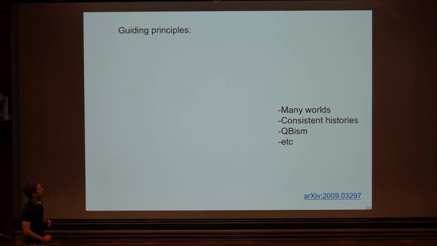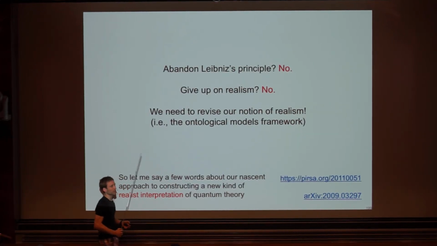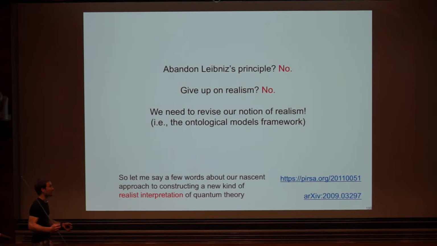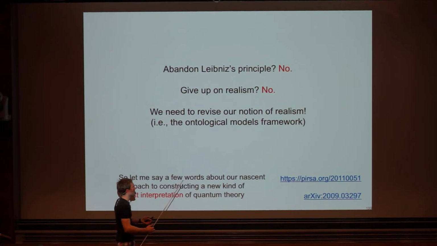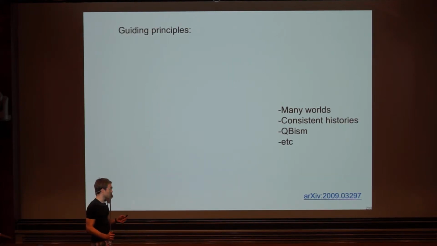But the problem with modifying our notion of realism is there's good reason why this has been the standard notion of realism for so long. It was implicitly used by Einstein and Bell, and anyone who was thinking about trying to find explanations for quantum theory. This is the way that we usually think about the world in our intuitive classical macroscopic selves. And if you start trying to modify it, it's easy to go so radical that you don't end up with a compelling interpretation that can convince the rest of physicists that it's good.